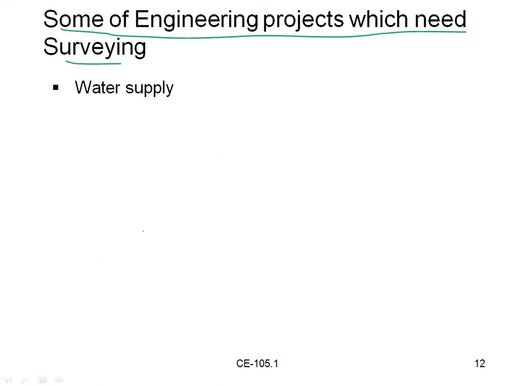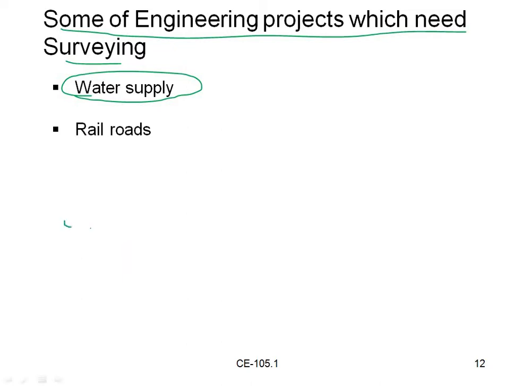So water supply projects are required to supply the water to the people. How the pipelines should be laid on the ground and how the water will be supplied to ground levels.